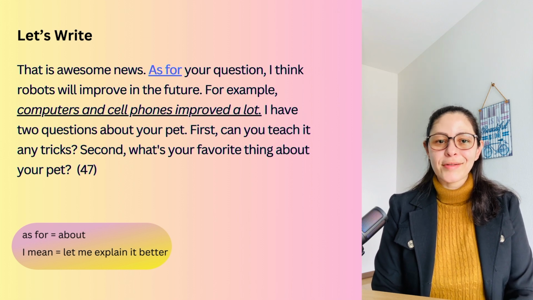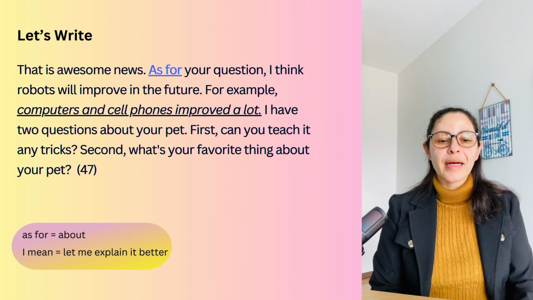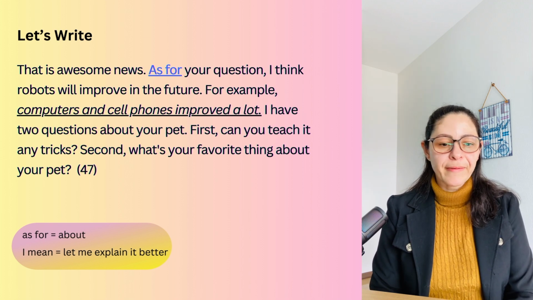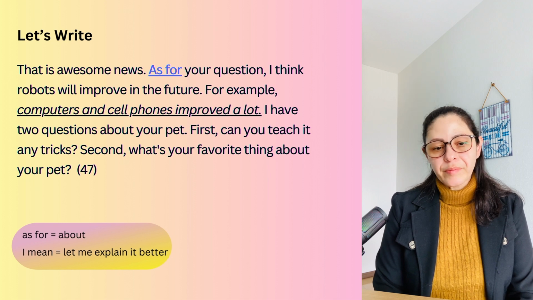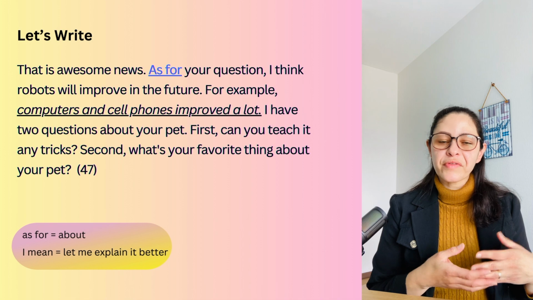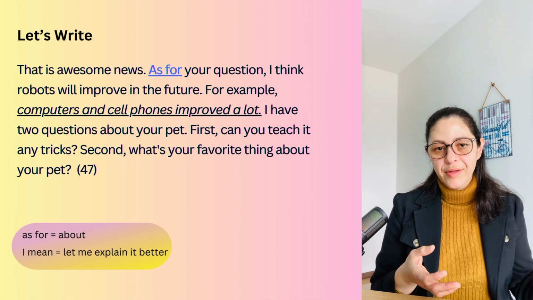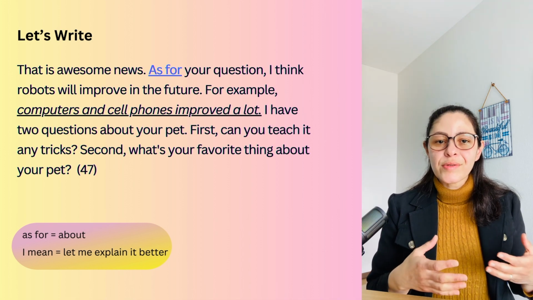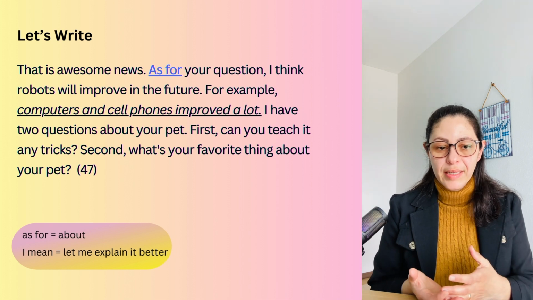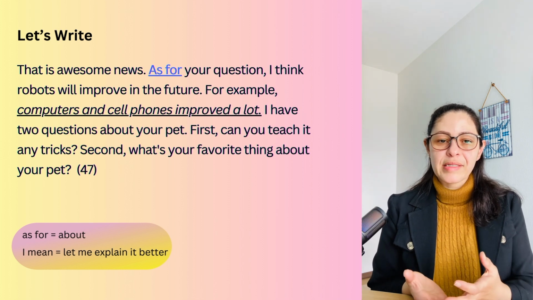So if you guys look closely here, I removed, as I said before, about the batteries, okay? I also replaced as for, and I used for example. This doesn't change anything, but this is just to help you guys see what words you can use to replace. And why did I put for example?